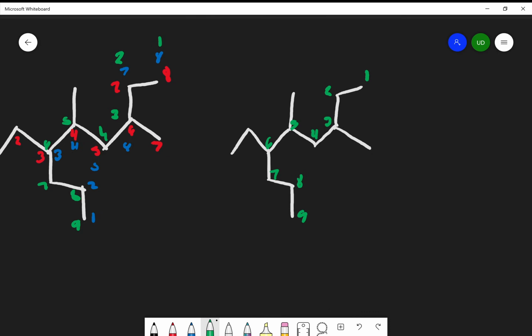So since we have 9 carbons, our parent group is nonane. Now we get to circle our substituents. And of course, you want to start off your substituents with the lowest number possible. So in this case, it's 3. So we have 3-methyl, because there's only one carbon present. Now carbon 5 is the same thing, 5-methyl.